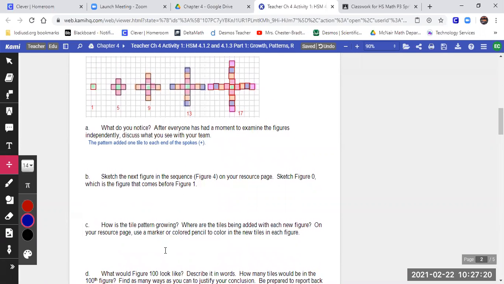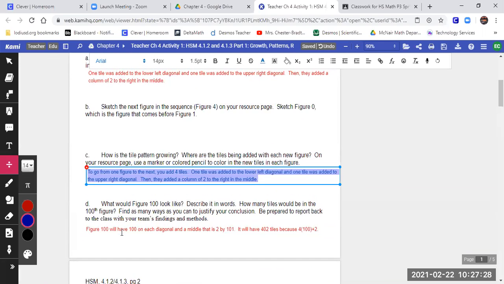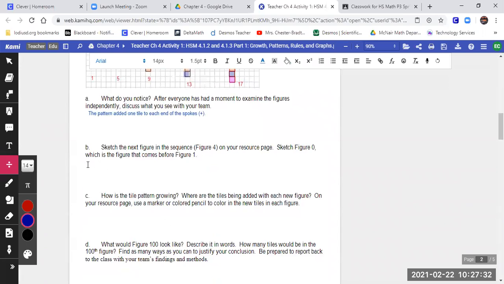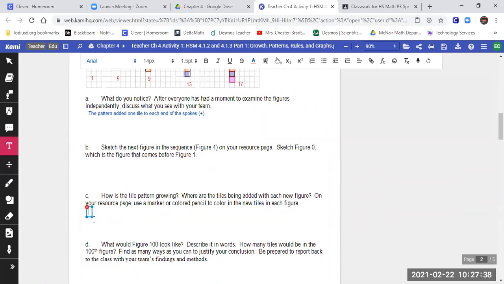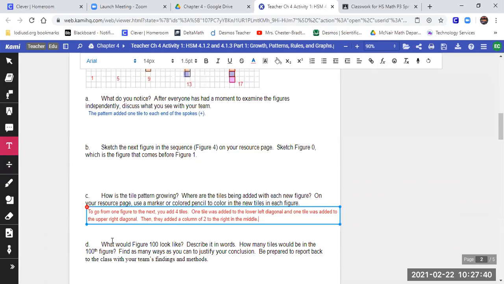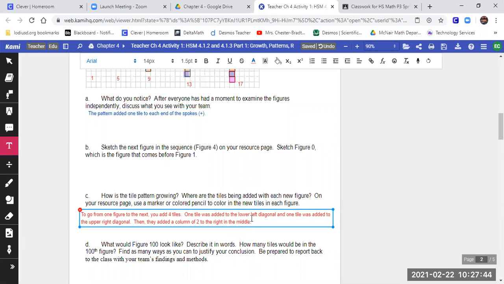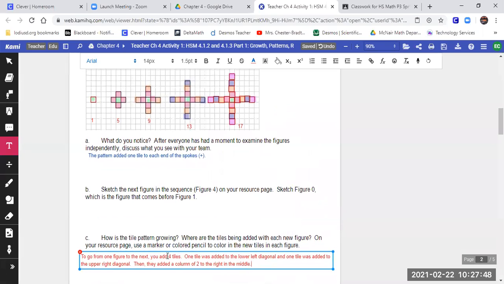We've done that. We've got to talk about how the pattern was growing. So I'm going to copy this style because I don't want to have to reinvent. And this is the way we want to say things, right? So we're going to go down to here. I copied it from the first worksheet to the second worksheet. And then I'm going to fix it to be about this one. Okay, to go from one figure to the next, you add 4 tiles.